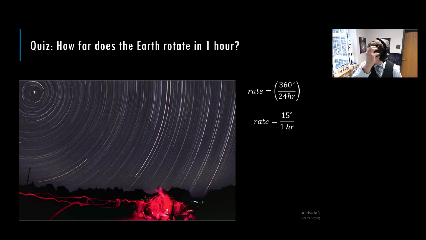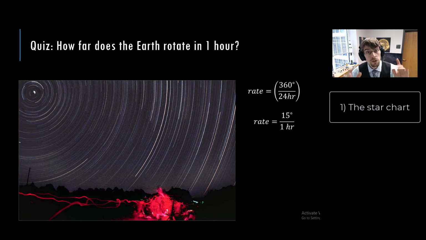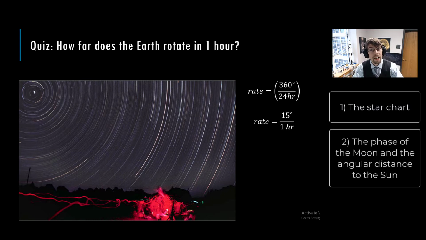So again, now let's add this in to our things to look for. Number one, you go outside and start practicing the star chart. Number two, you look at the time and look at the position of the moon and the phase of the moon. Here's a third one to start looking for.